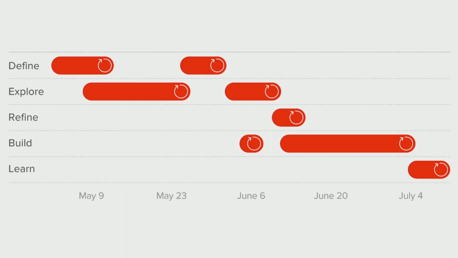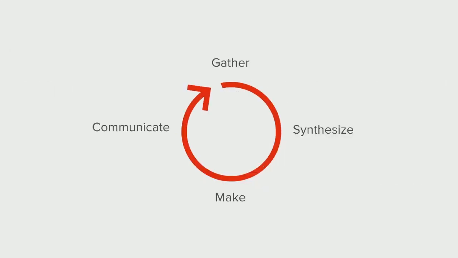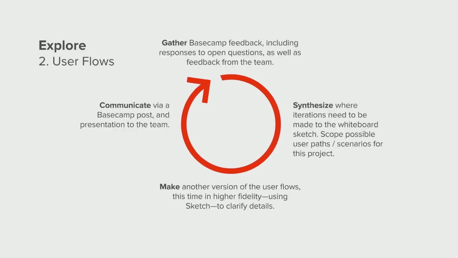But they talked about this really interesting learning cycle that they go through, and it was gather, synthesize, make, and communicate. And so they've got this in a circular iterative mode. For one of the things they said, they were going to explore some user flows. They were going to gather Basecamp feedback, including responses to open questions, as well as feedback from the team.